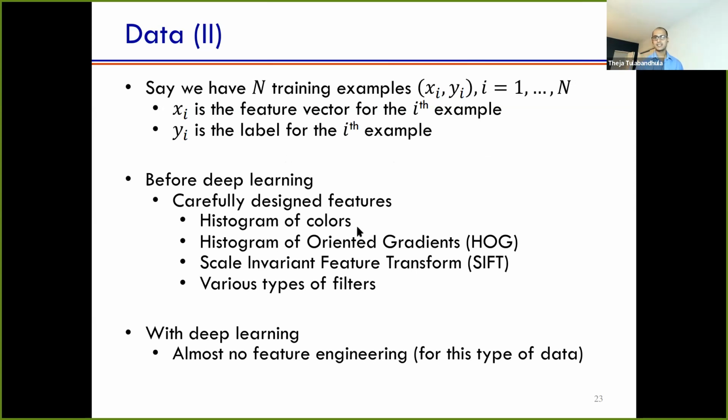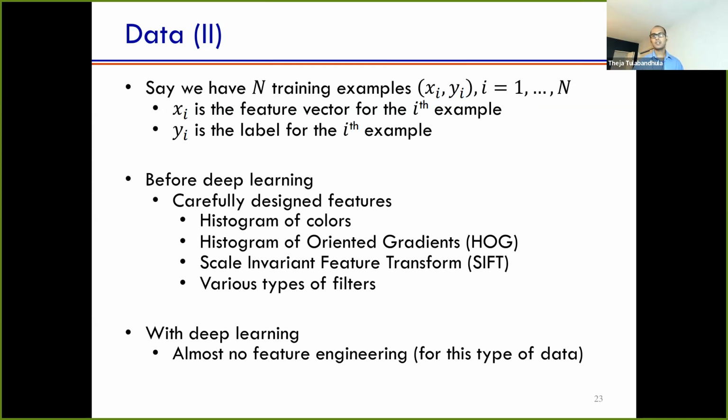We were talking about images in the last slide. So you can think of x_i as the ith image, and y_i is the label for that image. Now, as I said, an image itself is a three-dimensional tensor. So before deep learning, you typically think of the feature vector as a vector with, let's say, 10 coordinates, in one dimension.